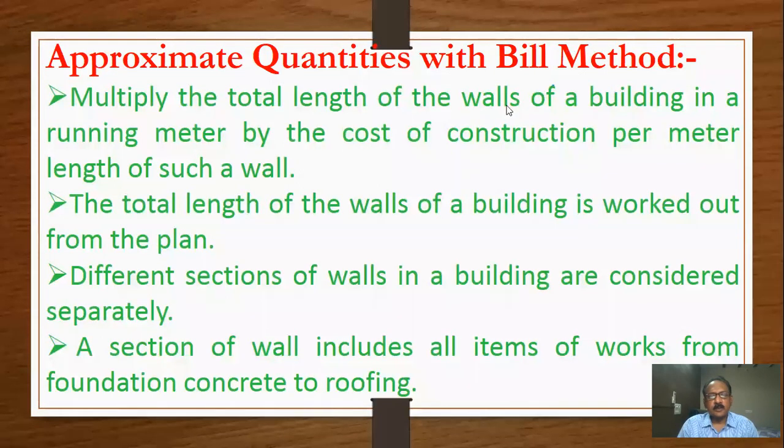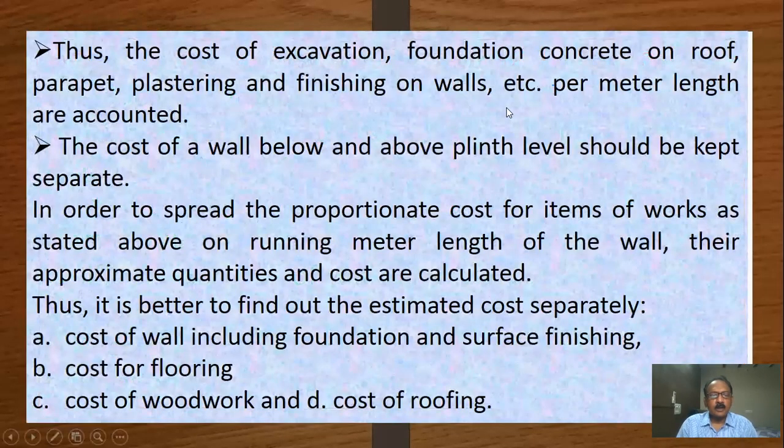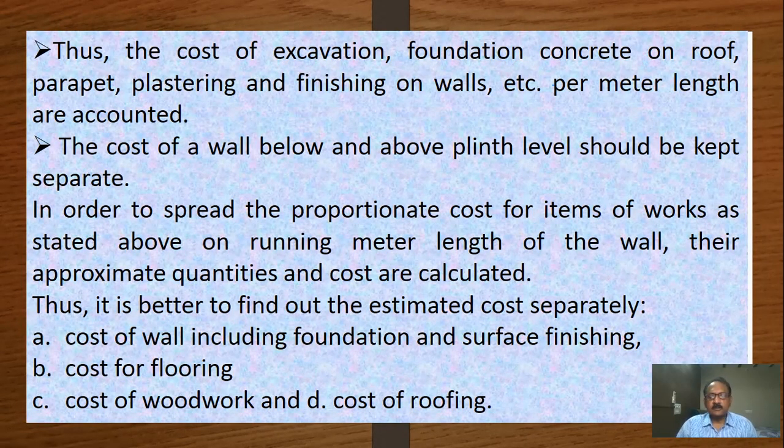Okay, and if you see the next slide, next topic, in this approximate method also the cost of excavation, cost of foundation, concrete on roof, parapet wall, plastering, and finishing of the walls per meter length is calculated. In these approximate quantities methods, we are calculating each quantity, almost similar to your detailed estimate, but it is not a detailed estimate.